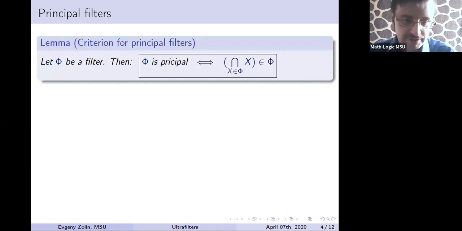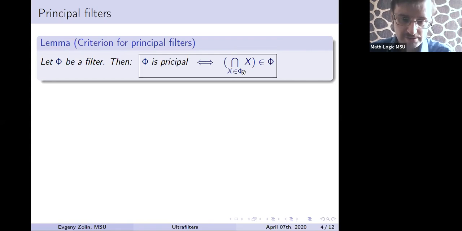Here is a criterion that helps us to prove that some filters are not principal. So if we have some filter, we can take all its members, and then take their intersection. In general, it is not necessarily an element of phi. We only have that the intersection of finitely many elements of phi is an element of phi.